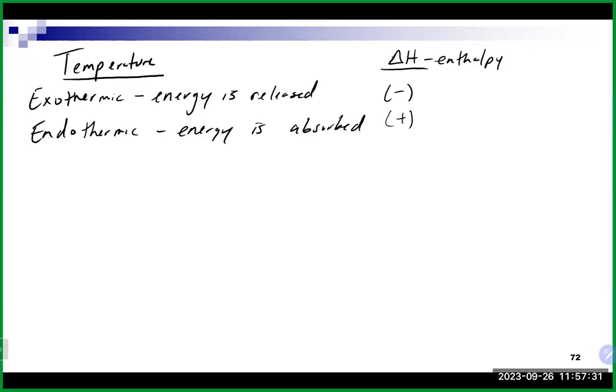So when we think about exothermic and endothermic in terms of our equations, we think about them as being on opposite sides. For an exothermic process, we think of heat and energy as a product. Not 100% correct, but that's how we do it. So we think of it here as a product. When we're dealing with an endothermic reaction, we think of heat and energy as a reactant.